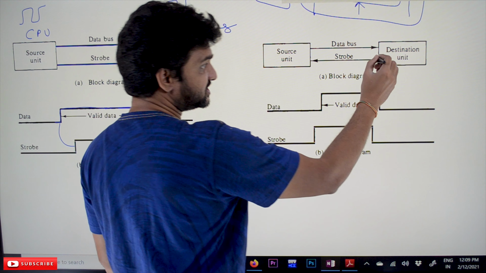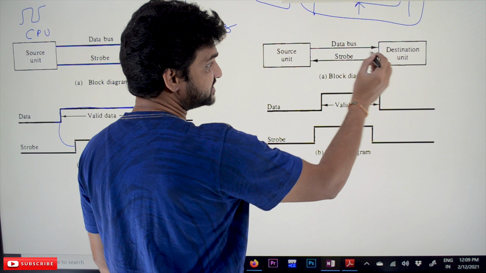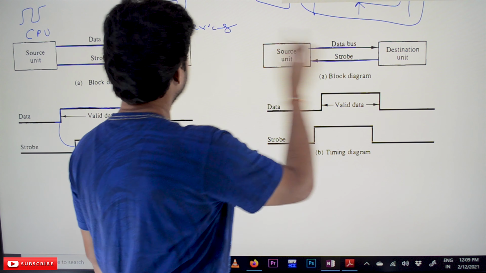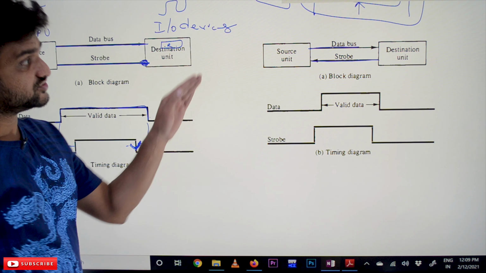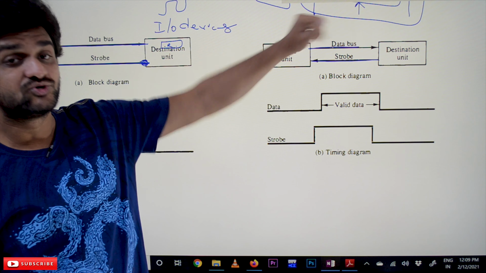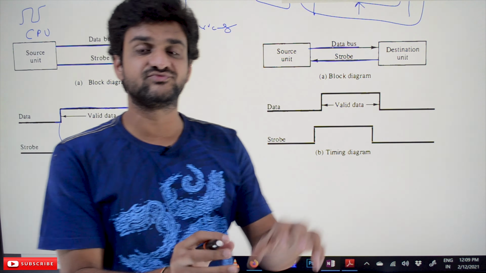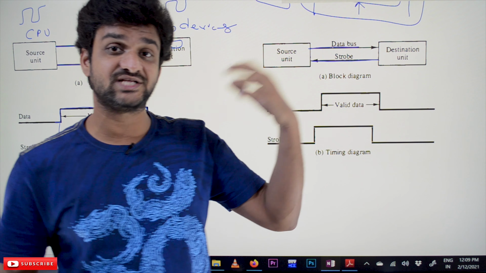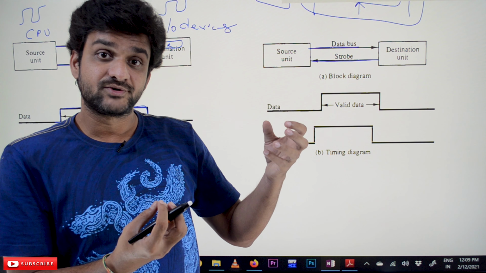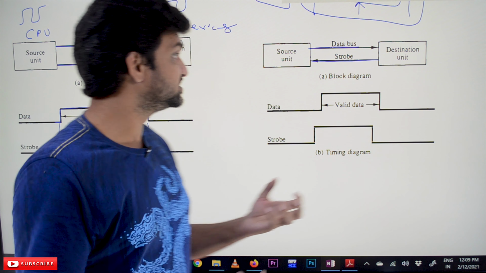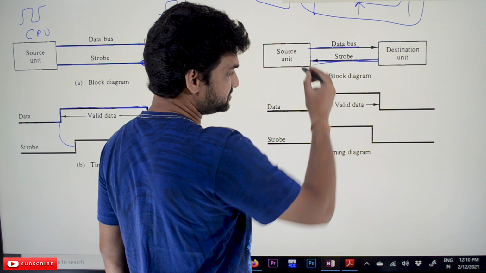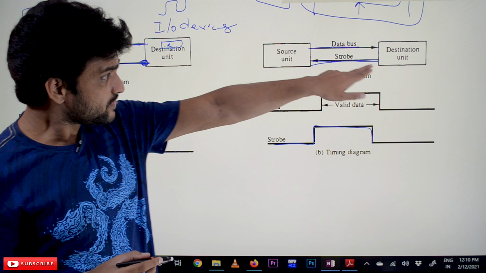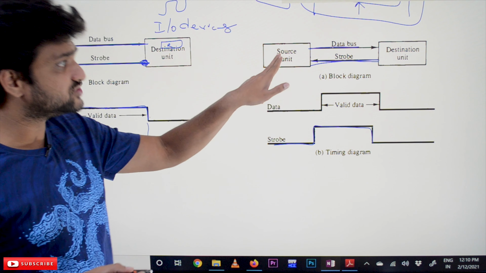This is also how the destination unit communicates with the source unit. A strobe signal will get generated by the destination unit to the source unit. For example, if the destination wants some data to be transferred for it to get processed, the destination will send a strobe signal, forwarded by the destination unit to the source unit.